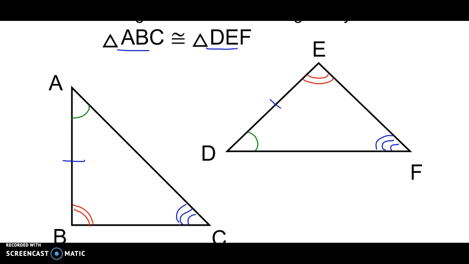So you can do this for the segments as well. What about segment BC, the second letter and the third letter? EF. So put a tick on EF, or 2 ticks, because we already used 1, and BC would have 2 ticks. And then obviously the only one left is the first letter and the last letter. So AC is congruent to DF.